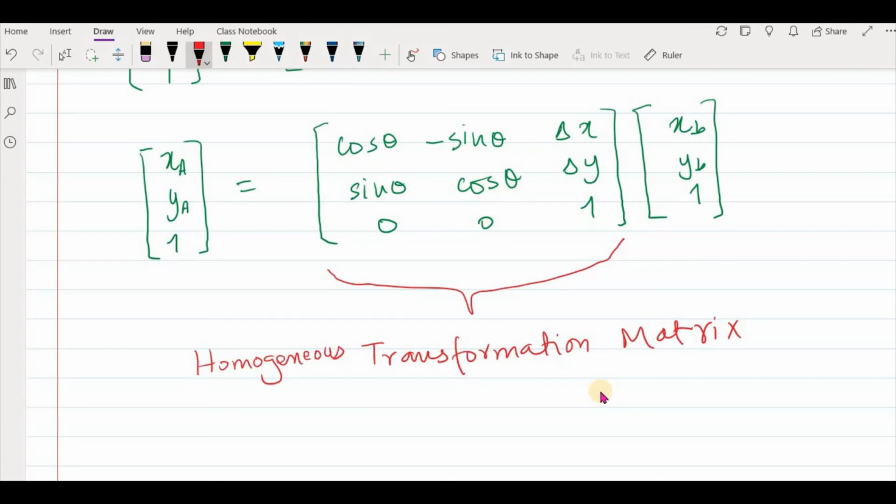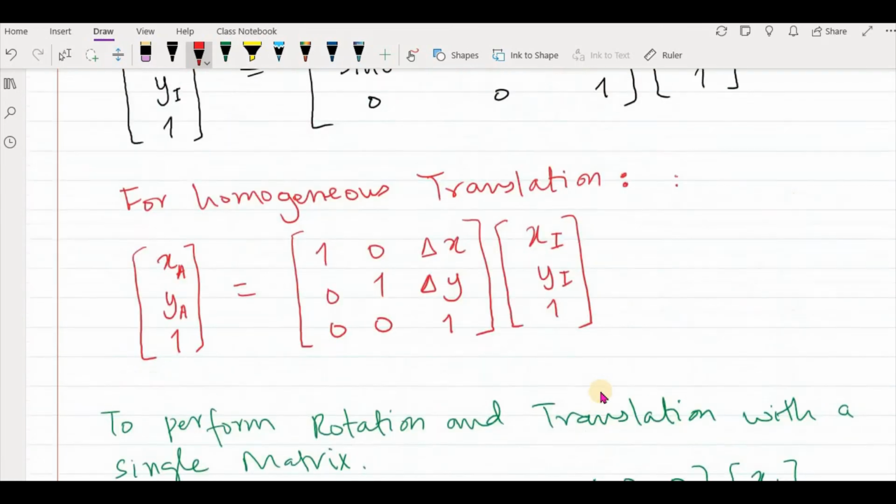What you need is the coordinates of a point P in a frame, and then you multiply it with this transformation matrix, and it will automatically convert the coordinates into your reference frame. That's what we wanted.